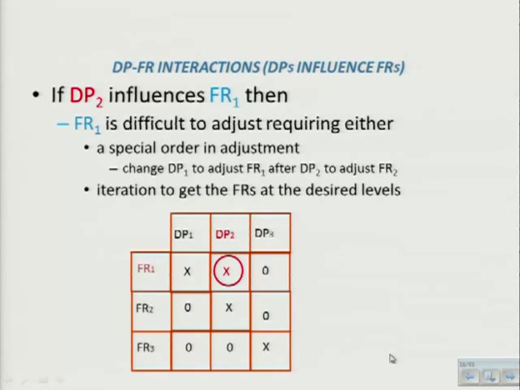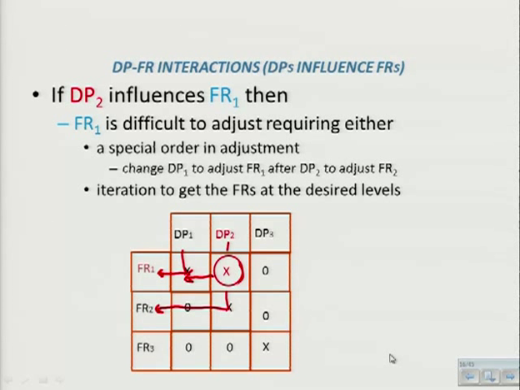So if I had a situation like this and tried to do the adjustment in the order 1, 2, 3, I adjust dP1 to get FR1 where I want it. So, okay, good. Now I do dP2, thinking I'm going to get FR2 where I want it, and uh-oh, I've changed FR1 because there's an influence here as well, and now FR1 might be out of tolerance.